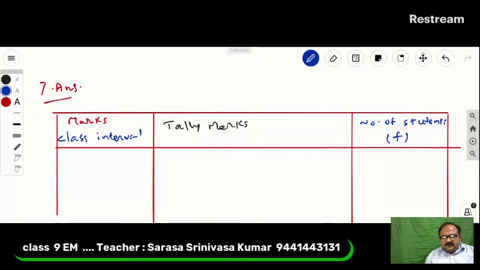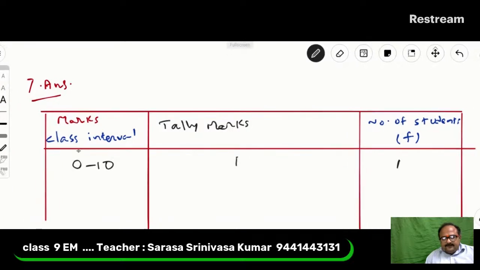We start with class interval 0 to 10. How many students got marks from 0 to 10? Only one student got. So the frequency of this class interval is 1.